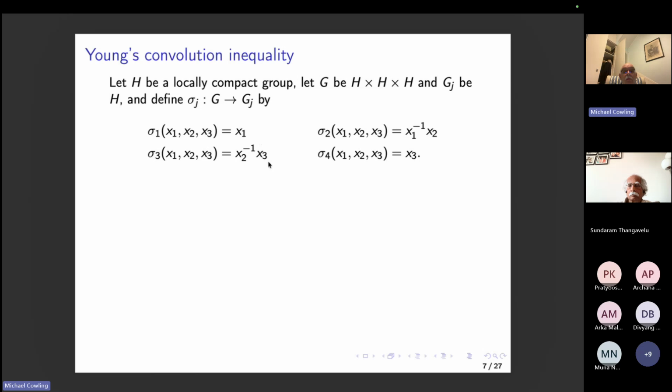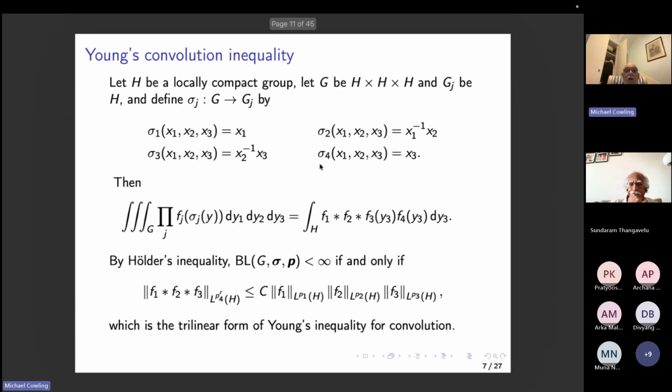Here's sigma_1, here's sigma_3, here's sigma_2, here's sigma_4. So they're just fairly simple expressions. And now the Brascamp-Lieb product, the product that the Brascamp-Lieb inequality enables us to estimate, it's a matter just of really writing down the definitions, what is each of the sigmas, and then also possibly necessary to change the order of integration once or twice if you really want to be careful.